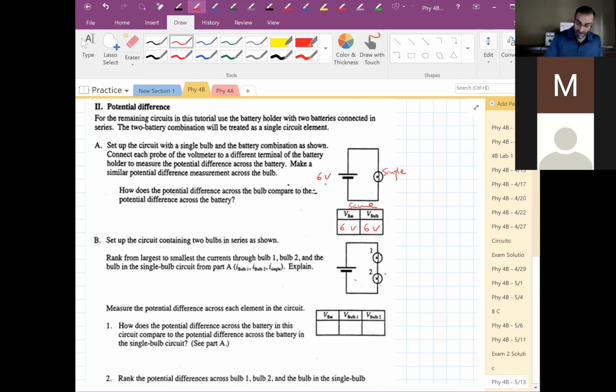Okay, so we're down here. How does the current through 1 compare to the current through 2? They are the same. They are in series with each other. The current has to be the same through both of those. And how does that compare to the current in that single circuit with the single light bulb?